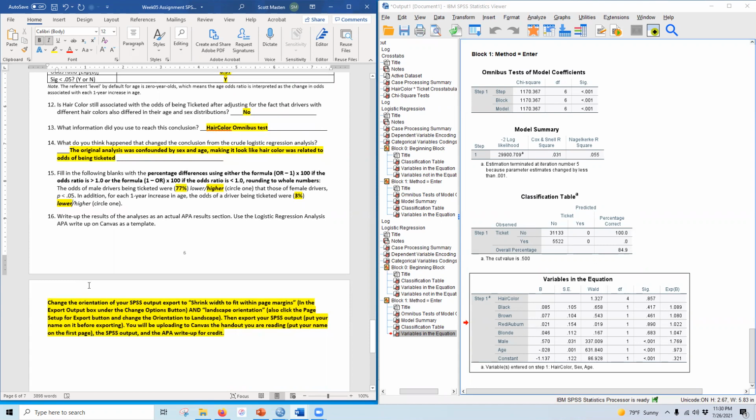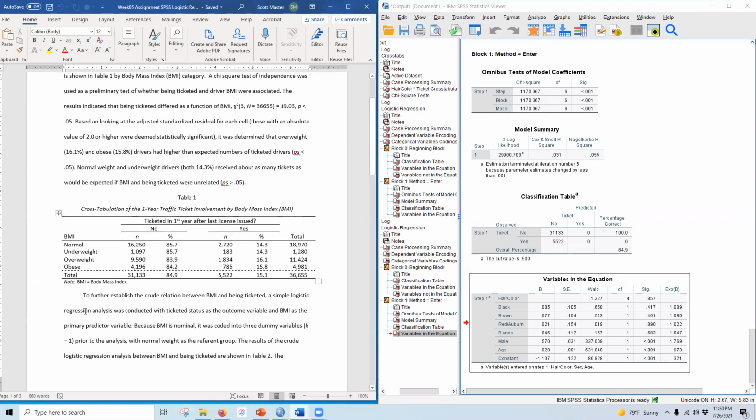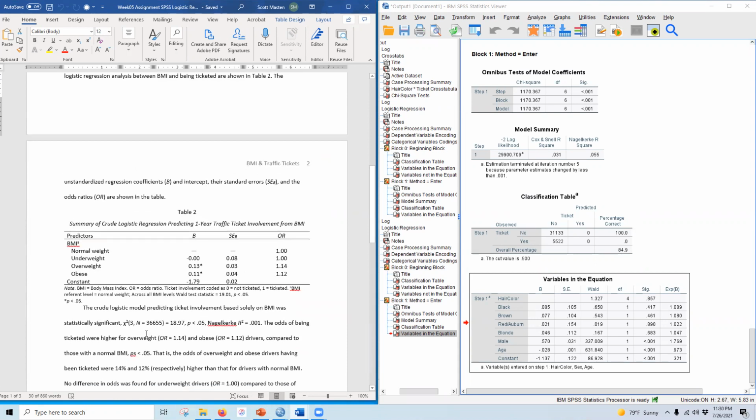So on the APA write-up, a couple things might have been a little bit confusing. Actually, no, this wasn't confusing. You did have to get these from your chi-square. So again, they are your row percents. So hopefully you got the row percents and you filled that in. What else is confusing? You had BMI.